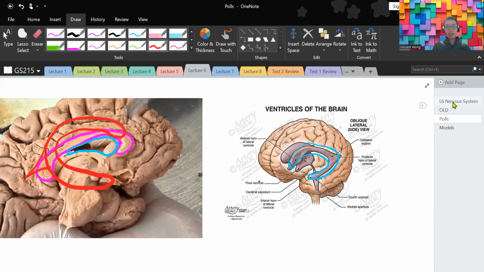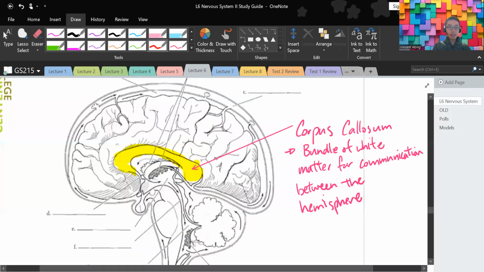Okay, so back to our diagram here. You can see that is the lateral ventricle, part of it anyways. Again, the whole thing is the C shape, really big, but it's within the hemisphere. You can't really see it in this part, but that's the gap that leads into it.